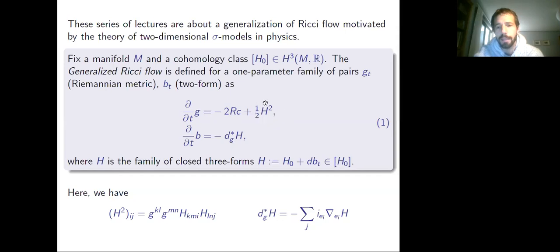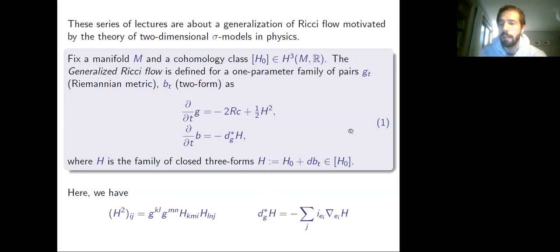And then plus half h squared, where h is a three-form in the same cohomology class that you cook up out of H0 and b_t. And h squared is this quadratic tensor in h. And then the evolution of the two-form is by minus the adjoint of the exterior differential with respect to the metric, which is calculated in an orthonormal basis by this.